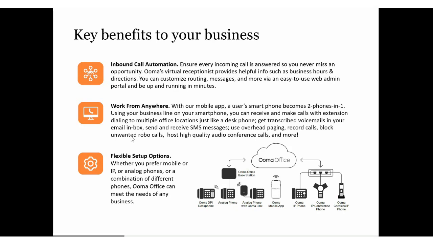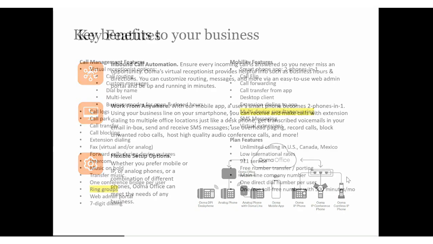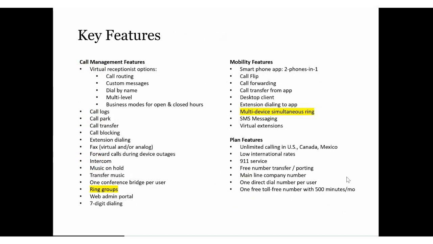So hopefully that gives you a quick reminder, a quick recap. And in addition, just as it relates to recapping, the key features of Ooma Office. This feature list does not include some of the newer features in Ooma Office Pro. And if you are interested in some of those features, it's just $5 more per user per month.